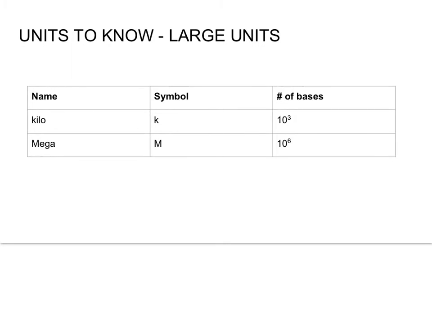So if we go to liters, there are 1,000 liters in a kiloliter. There are 1 million liters in a megaliter. So you've got to keep those straight. Once you do that, you're gold, you're set.